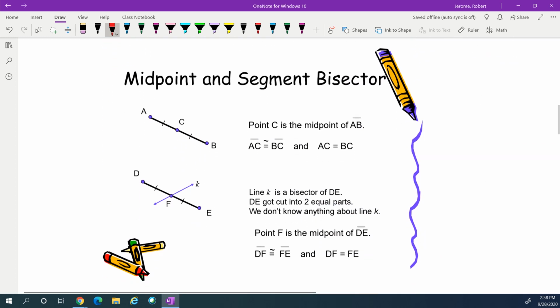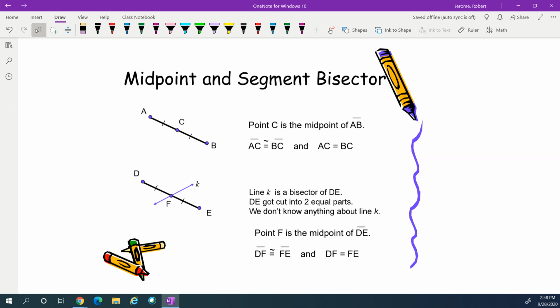For example, in our first one, point C is the midpoint of segment AB. We can see that in the picture. It has the little hash marks, and that means that AC is congruent to BC, and the measurement of AC is equal to BC. In our second one, line K is a bisector of the segment DE. So DE got cut into two equal parts.